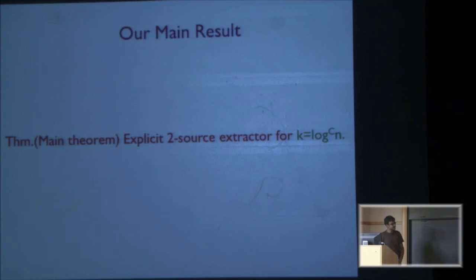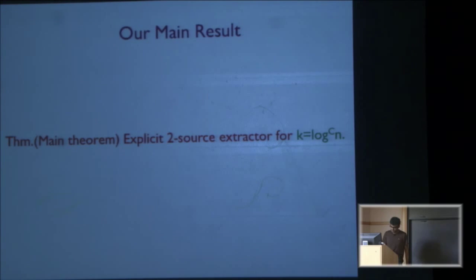And our main result here is an explicit two-source extractor for polylogarithmic min-entropy. And for large enough n, the constant c can be taken to be 75. And there has been a follow-up work by Meka which improves slightly one of our components, and this can be taken to be 10 now.